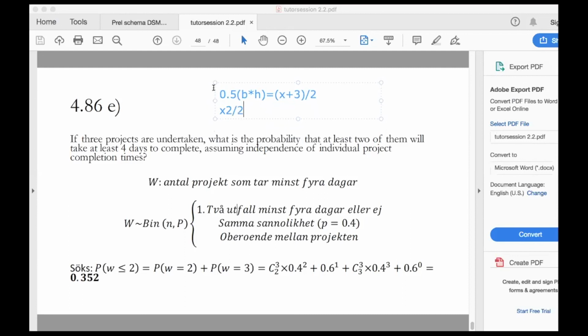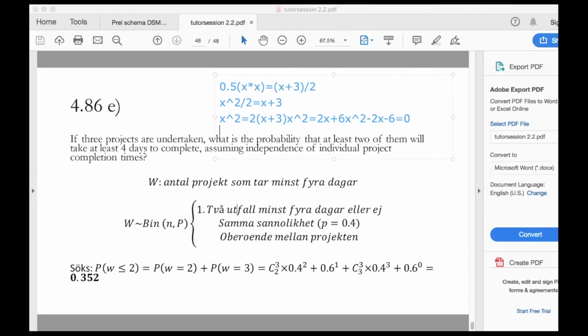Since you know that this will be your x, you can rewrite it like this: x to the power of 2 divided by 2 is equal to x plus 3, and then x to the power of 2 is equal to 2 times x plus 3, and you can rewrite this like this: x to the power of 2 minus 2x minus 6, and it will equal to 0.